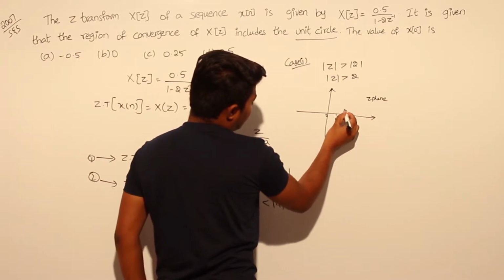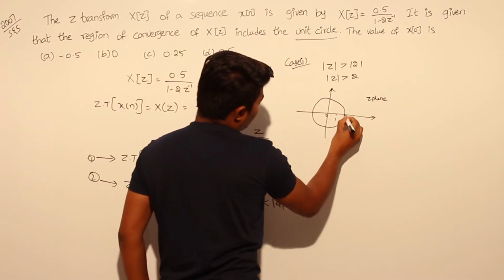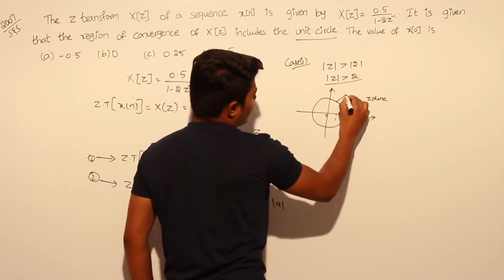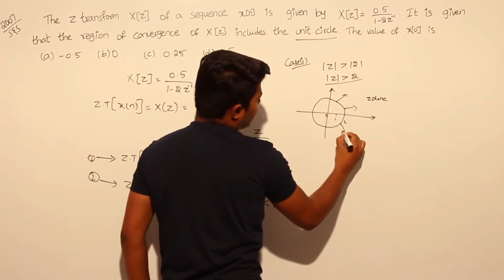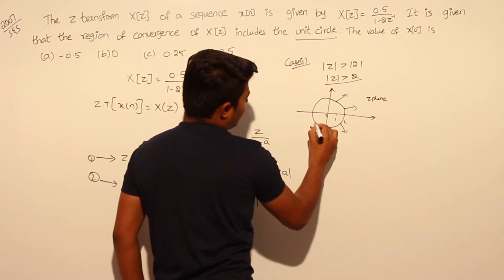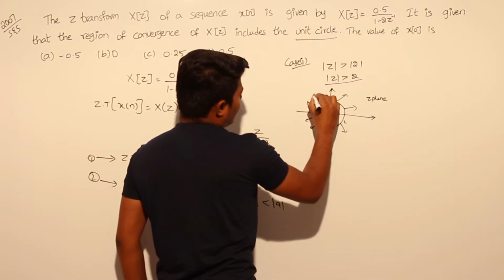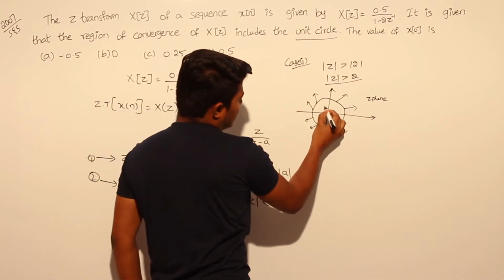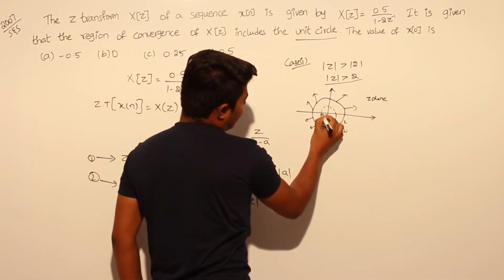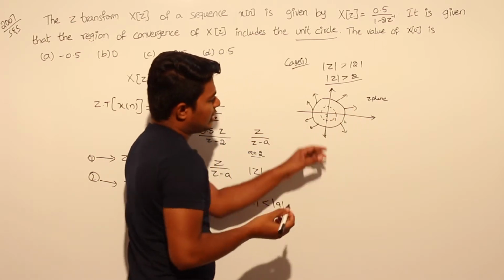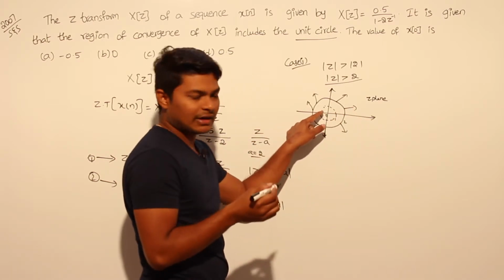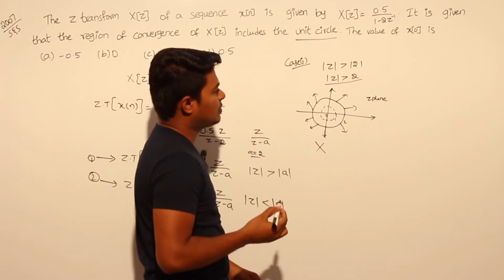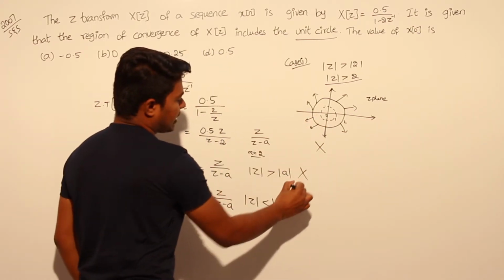Draw the circle with radius 2, and here the ROC is |z| > 2, so the ROC will be outside. But they are saying it should include the unit circle, whereas with radius 1 it is not included at all. The ROC should cover the unit circle, but in this case it is not possible. So this is not the required case.